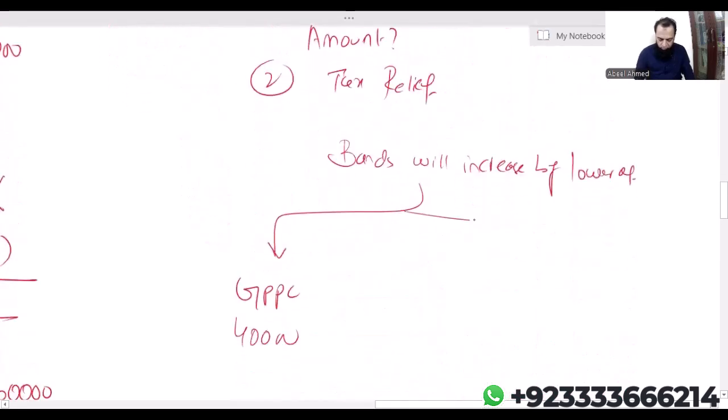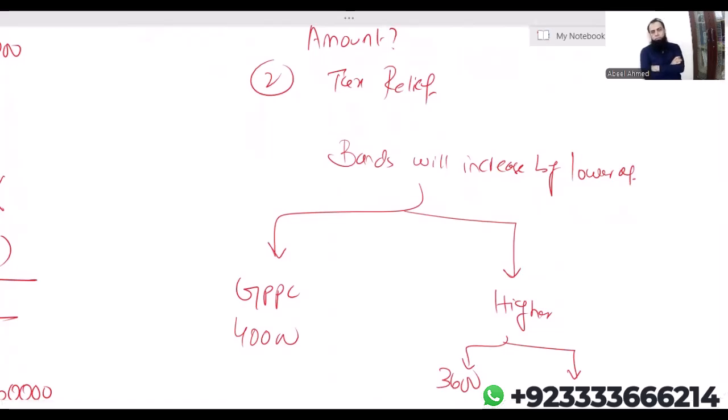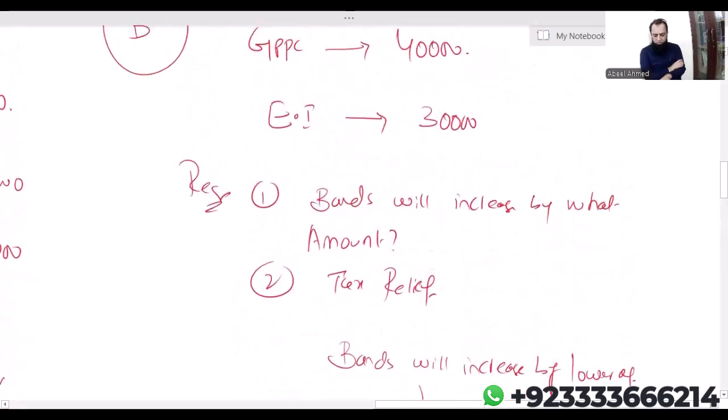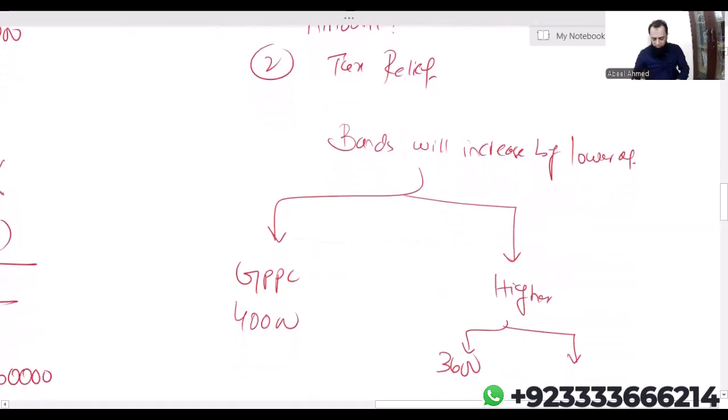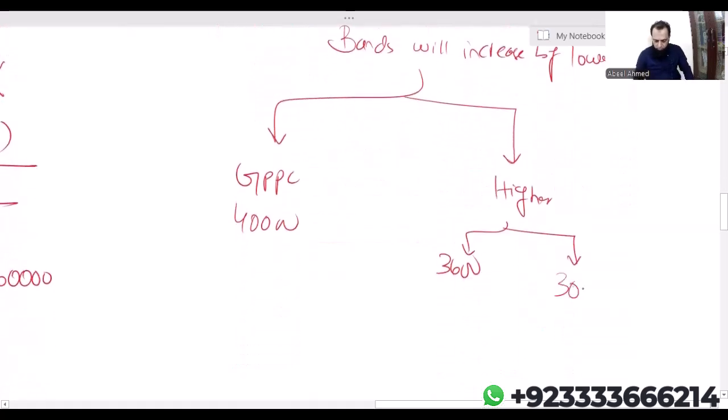Now you have to opt for the higher of 3,600 and the total of the relevant earnings. There are three earnings considered as relevant earnings: trading profit, employment income, and income from furnished holiday letting. In this question, the examiner has given us only one, which is employment income, 30,000. So obviously the higher is 30,000.